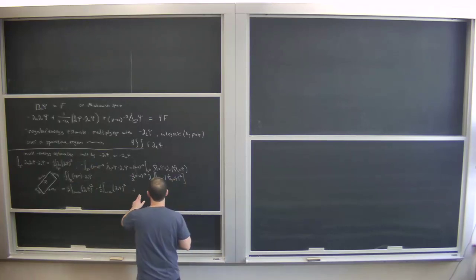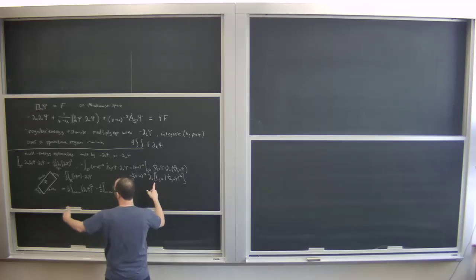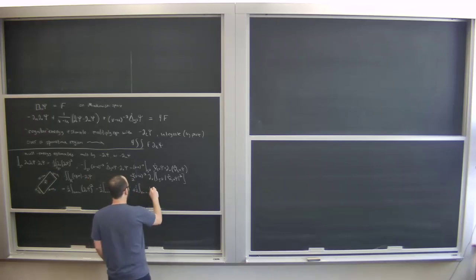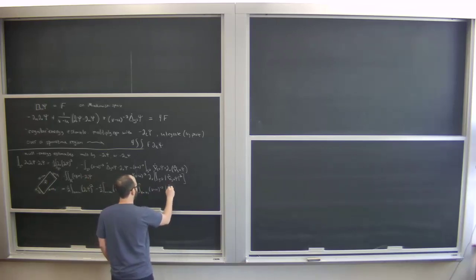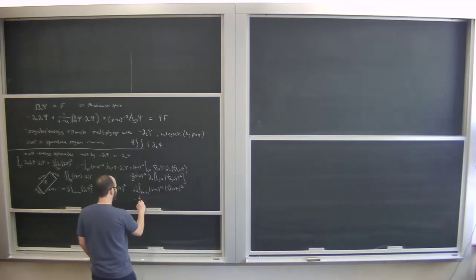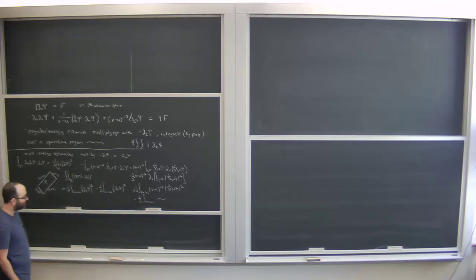Then in the d by dv direction, I go the other way. So here I'm going to get the integral on v equals v1 of 1/2 of (v minus u) to the minus 2 times this, and then minus the same thing at v equals v naught.